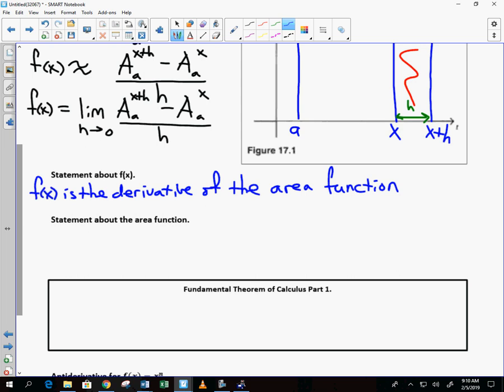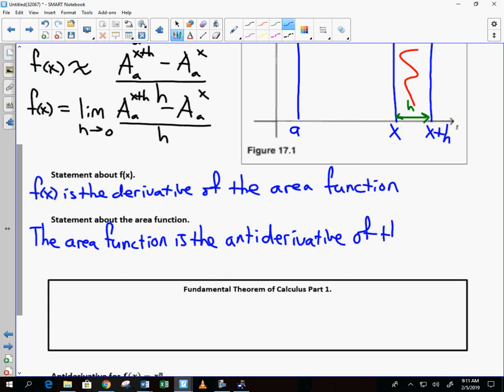We're trying to go from the function to the area function. So what that means is this. What about the area function? The area function is the antiderivative of the function.